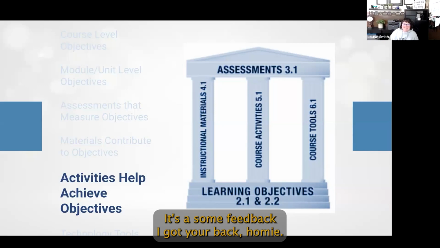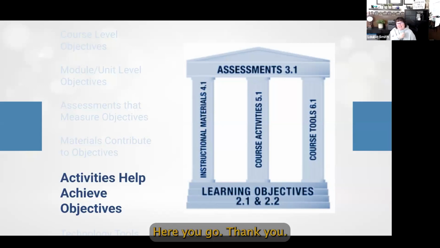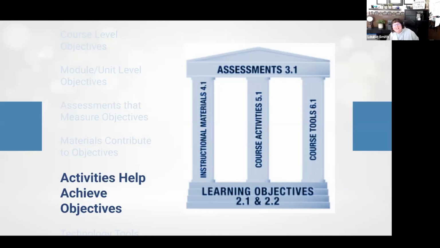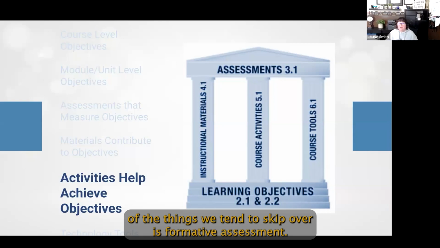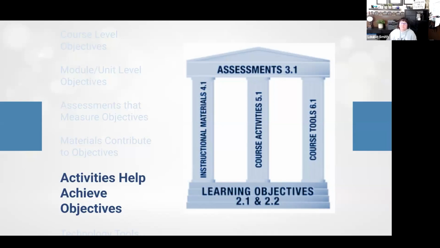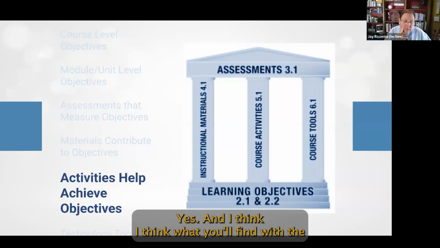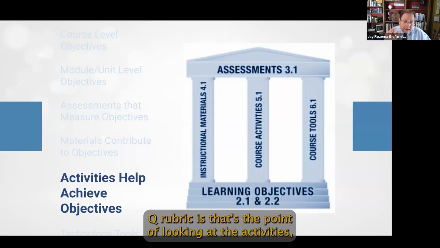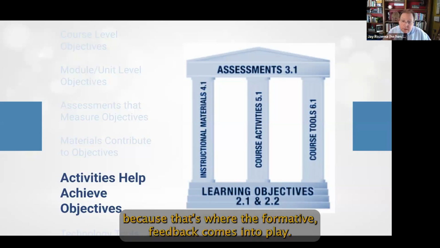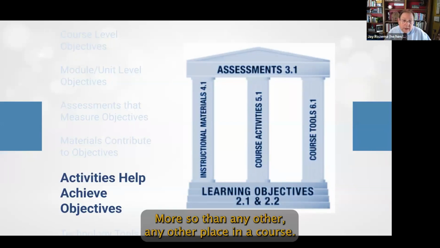But I think one of the things we tend to skip over is formative assessment. Yes, and I think what you'll find with the QM rubric is that's the point of looking at the activities, because that's where the formative feedback comes into play, more so than any other place in a course.